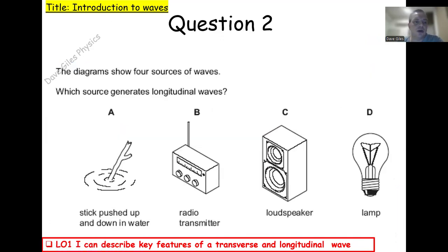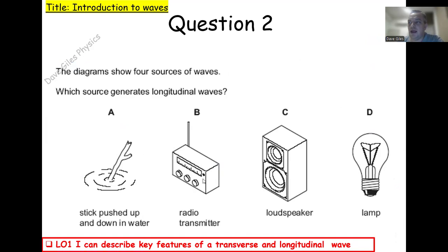Question 2. The diagram shows 4 sources of waves. Which source generates longitudinal waves? A lot of people got this question wrong when I've used this in lessons before.